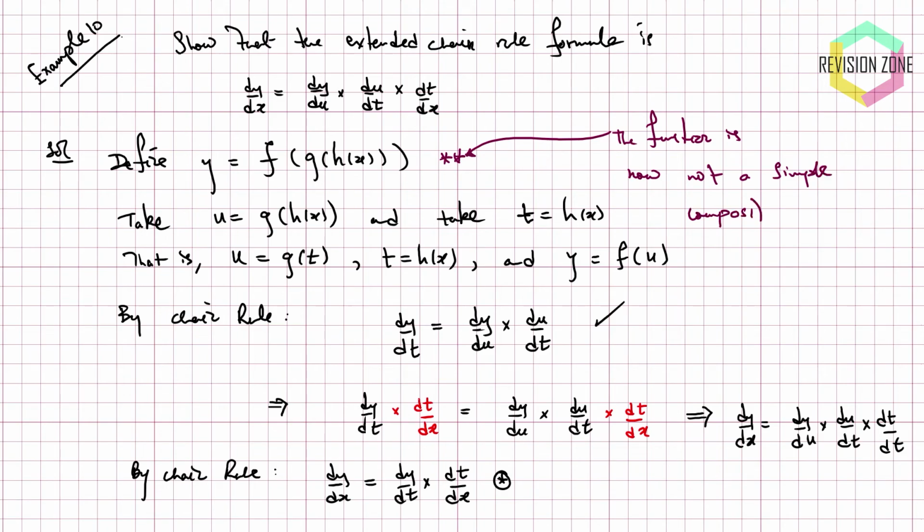In other words, the chain rule was initially seen in the context of a function of a function, but we now have a function of a function of a function.